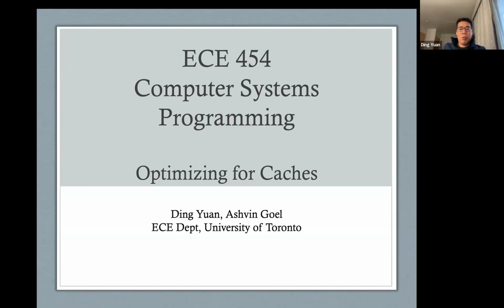So last time, we discussed how cache works from a hardware level, right? And in this lecture, we will look at how you could optimize your program to exploit this caching behavior from the CPU perspective and speed up your program by over 100 times.